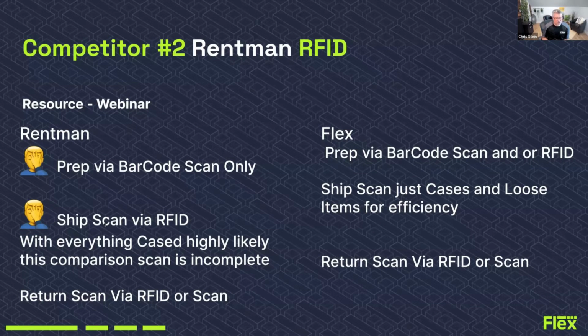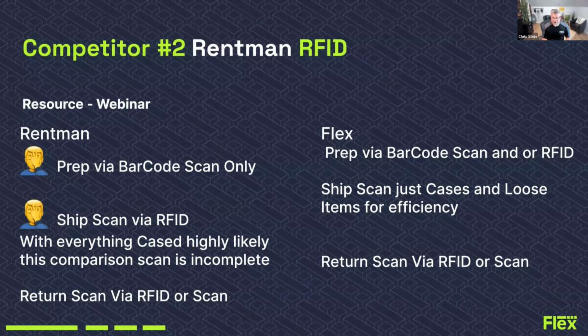Then they add a ship scan process where they're using RFID to compare the list of what was built on the prep scan. And the hard part of that is everything's cased up, everything's stacked on top of everything. And so we get lots of feedback that the list that they captured through RFID is incomplete because of interference. And so they're comparing an incomplete list of gear to a complete list of gear, and it'll never work out well. And then they do return via RFID, which is great.